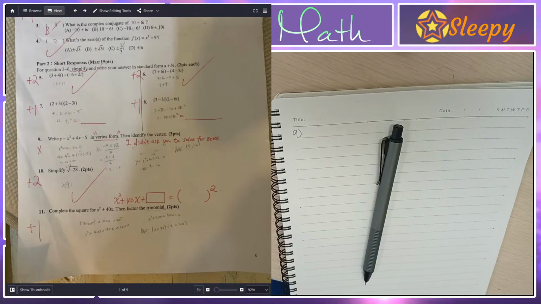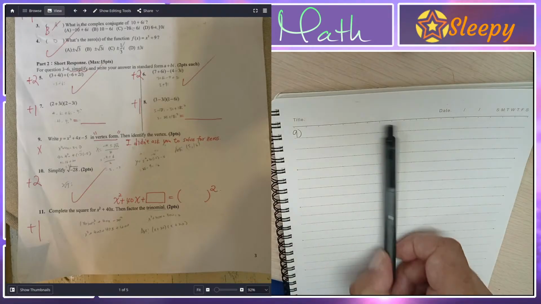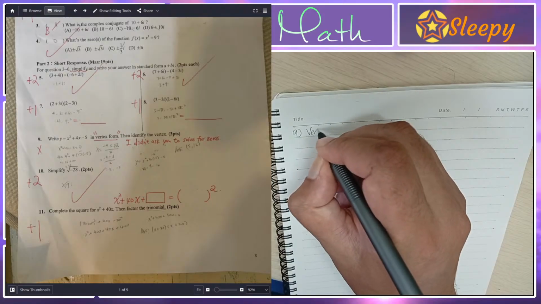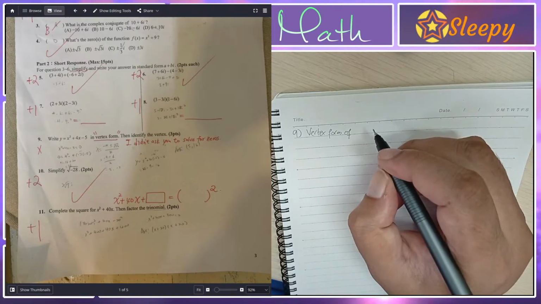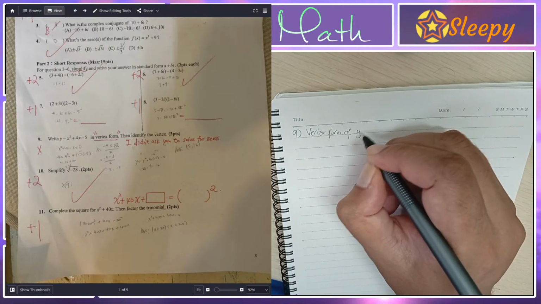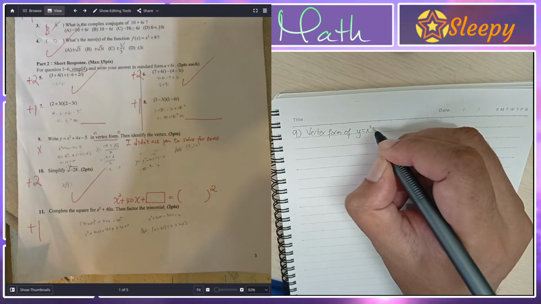Is there Wikipedia on this? Quadratic function. Vertex form, what is it? How do you calculate? So the formula that we have is y is x squared plus 4x minus 5, and then identify the vertex.